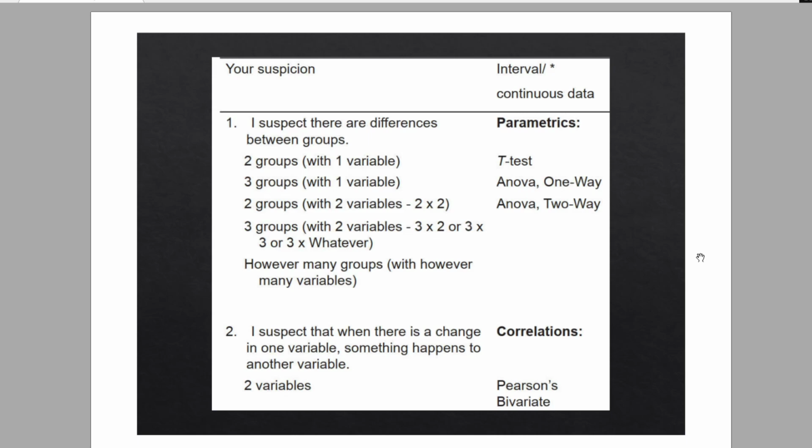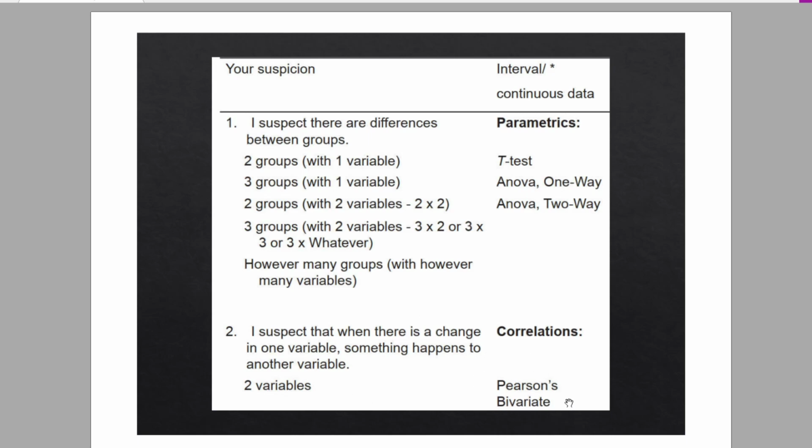If you suspect that there are differences between groups, so for example, people from different countries, that's more than 2 groups, then you'd probably do an ANOVA, analysis of variance. The worst acronym in all of psychology. Someone turned analysis of variance into ANOVA. If you only had 2 groups, then you'd do a t-test. So ANOVA and t-test are to look at the differences in averages between groups.